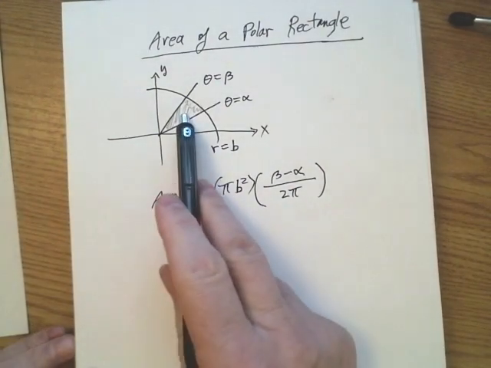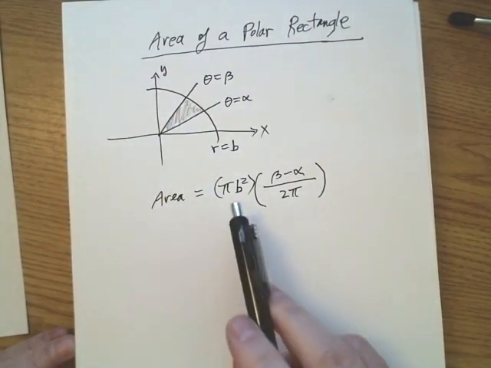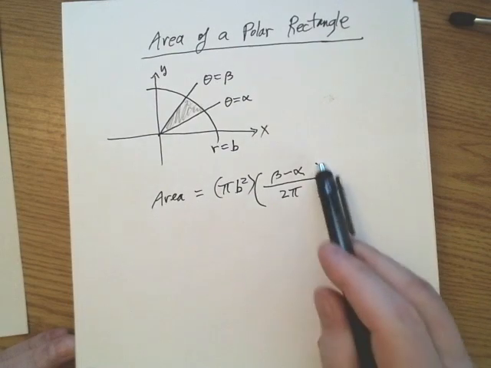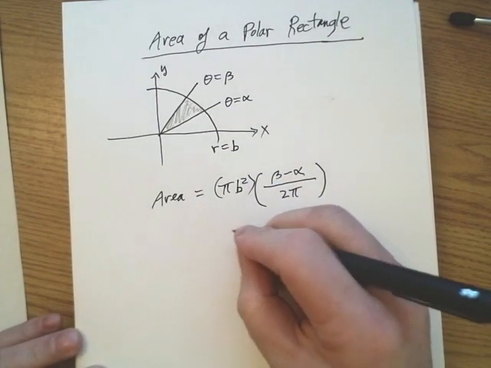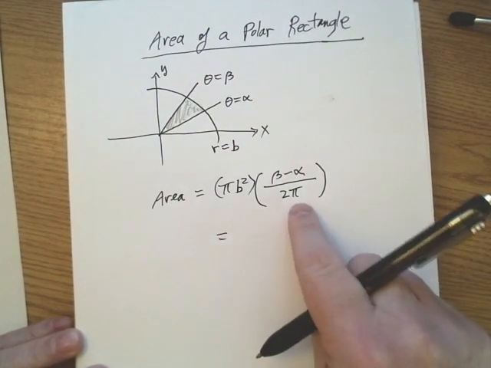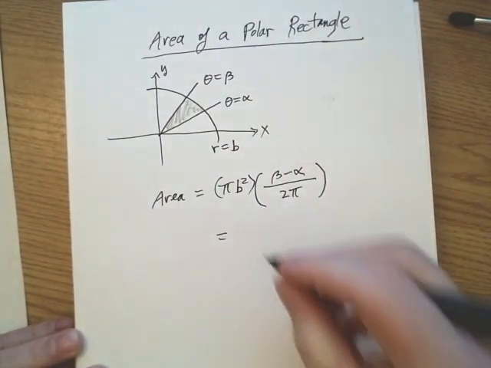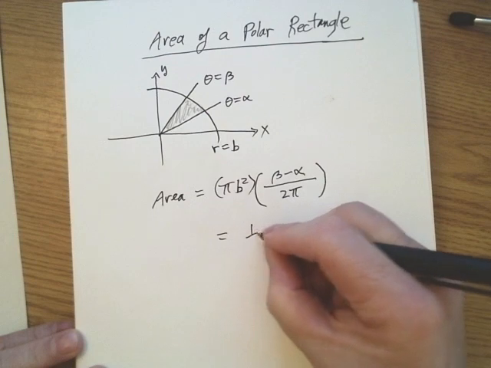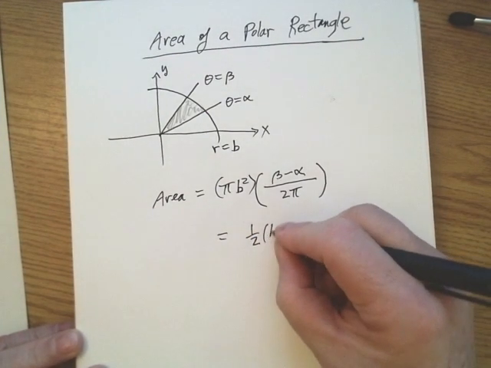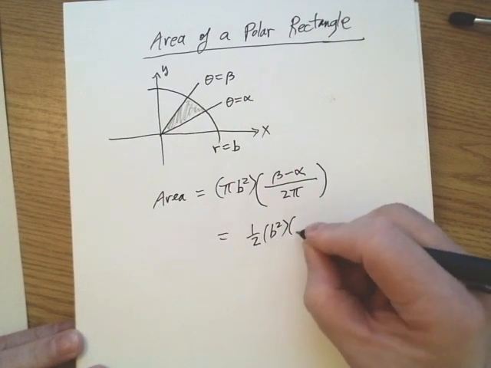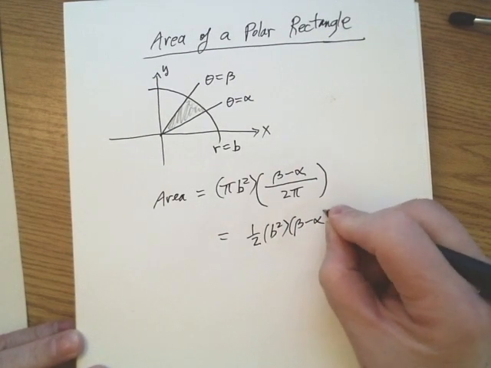So the area of that pie slice should be pi b squared times this fraction, beta minus alpha over 2 pi. And when we simplify that, the pi's cancel. So we've got one half b squared times beta minus alpha.